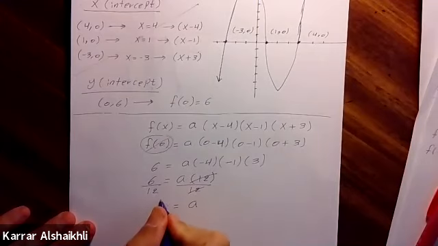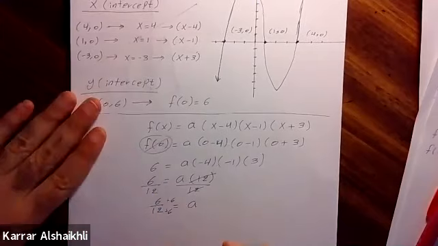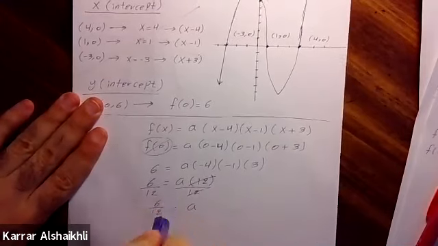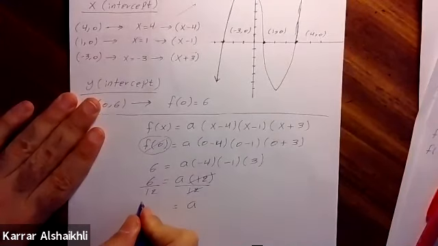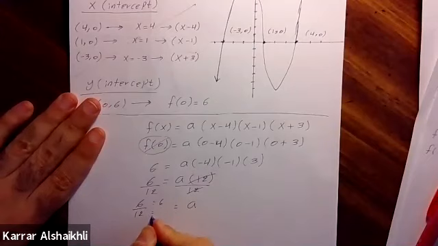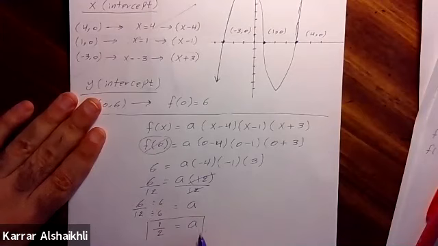The leftover on the other side is 6 over 12. Can I simplify this side? Yes, divide both by 6. 6 divided by 6 is 1. 12 divided by 6 is 2. So a is equal to 1 over 2.